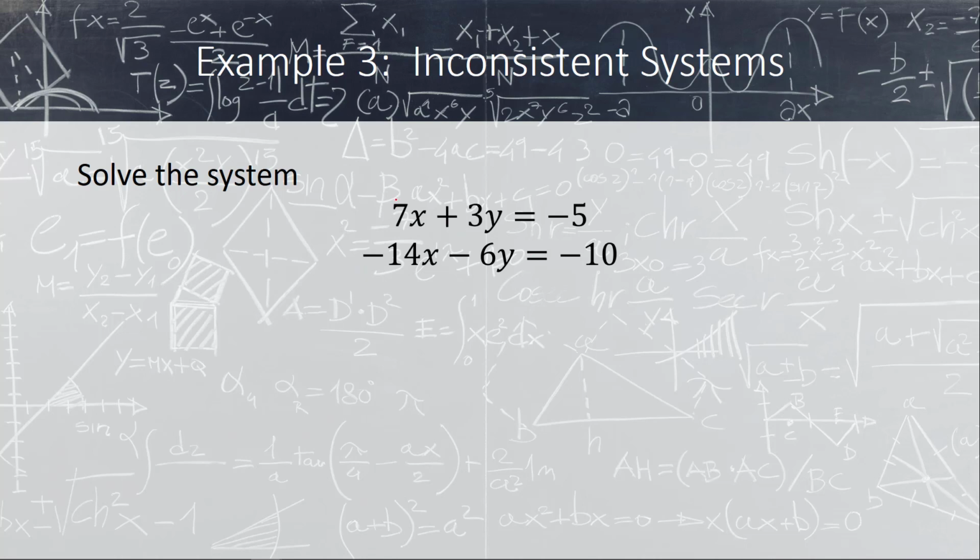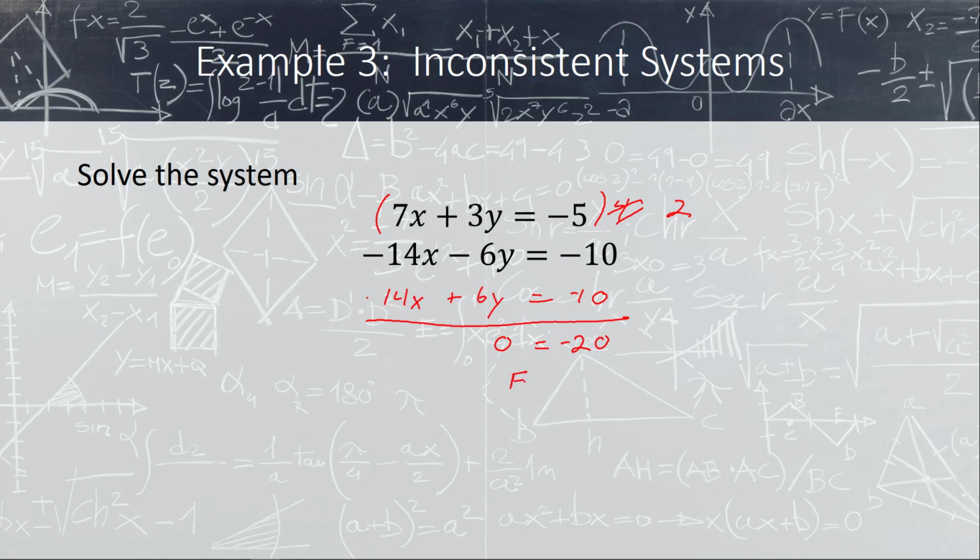Now what I can do is multiply the first equation by 4. And if I do, I will have 14x. Actually, not by 4, by 2. What was I thinking? 14x plus 6y is equal to minus 10. And then when I add vertically here, I will have that 0 is equal to minus 20.